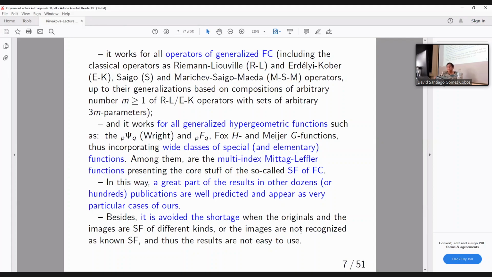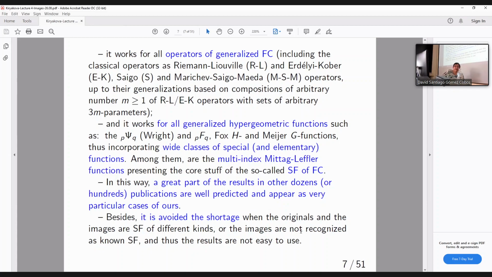Why? Because many of these published items deal with some operators of fractional calculus. They use once the Riemann-Liouville fractional integral, then the Saigo operator, Erdős-Kober operator, Marichev-Saigo-Maeda operators, and so on and so on. Then with special functions, you know what a big variety of special functions we have, in the classical sense and in the fractional calculus sense.